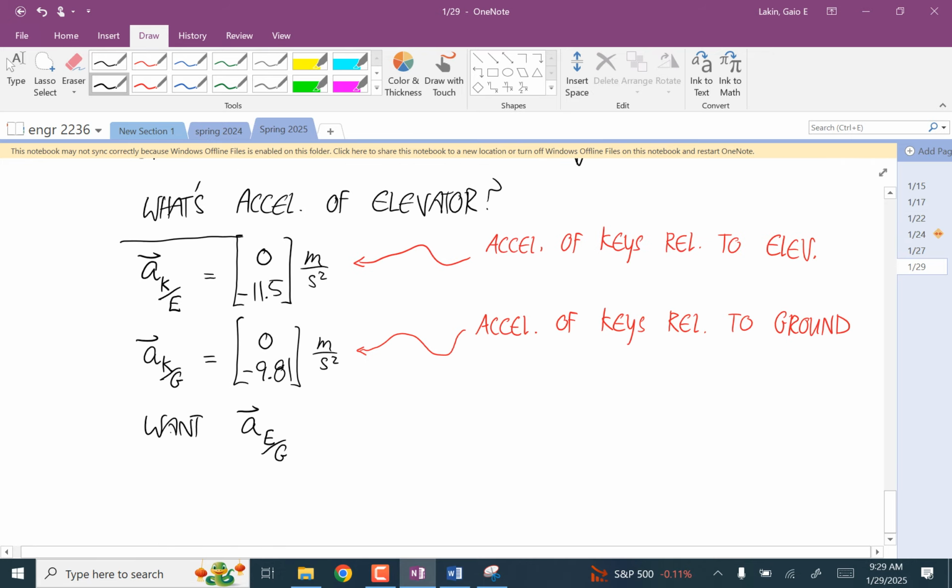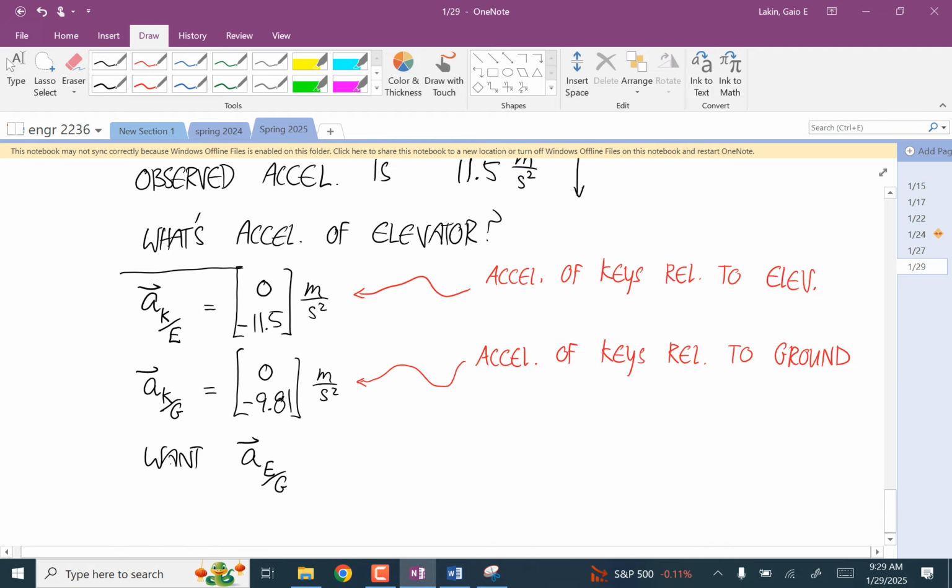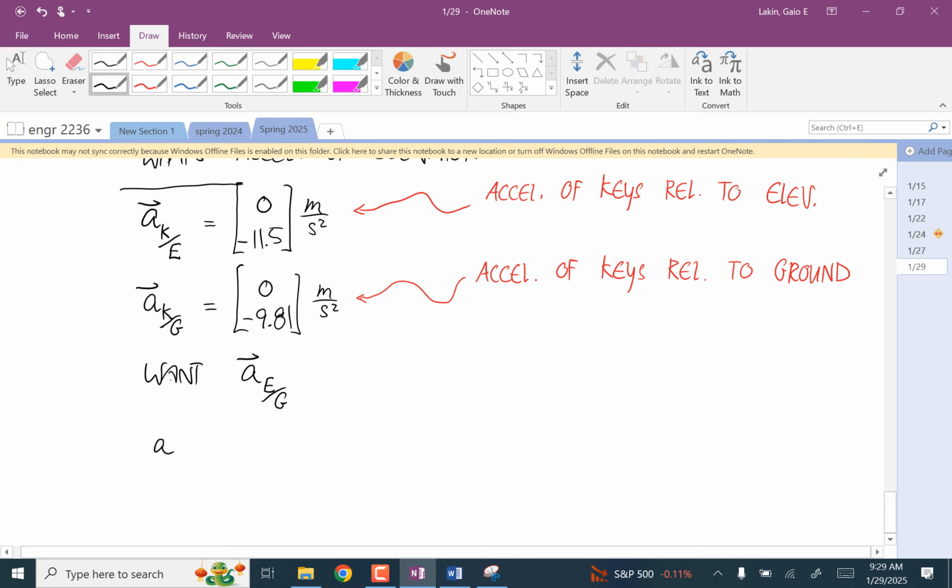You can find a way that these fit together in this form and solve for it, or you could just say the thing you want is equal to plus or minus the acceleration of the keys relative to the elevator, one thing you know, plus or minus the acceleration of the keys relative to the ground, the other thing you know. And now we just switch it to the negative if we want those subscripts switched.